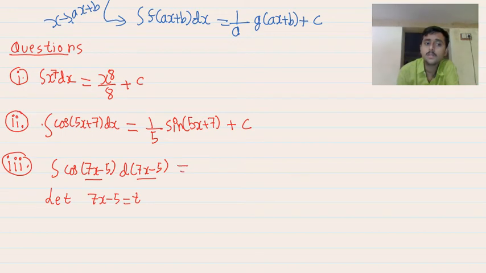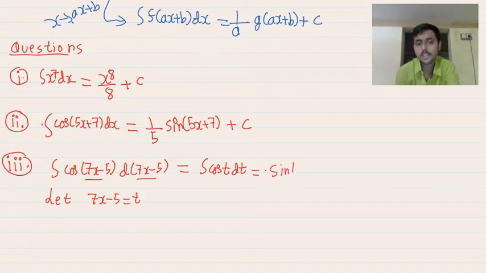So this becomes integration of cos t dt. So this is the integral of cos t with respect to t. So this would be sin t plus c. But t was not the variable given in the question. The question had the variable x.